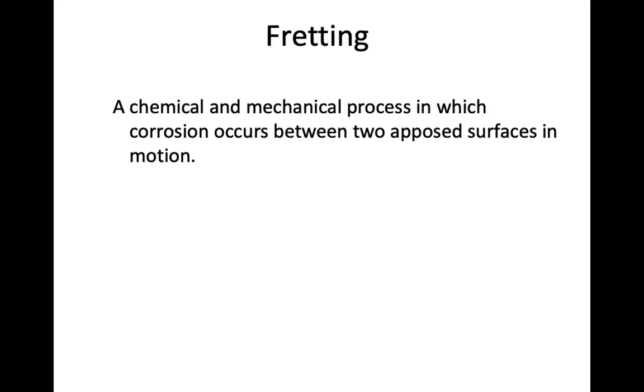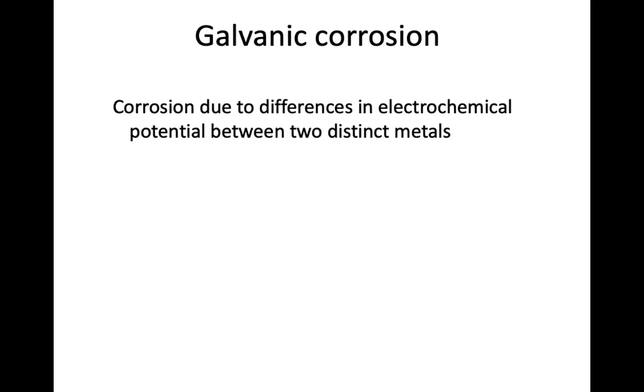We might think that there's no motion between, say, a femoral head and a stem, but there is likely micromotion at these junctions. Galvanic corrosion is corrosion due to differences in electrochemical potential between two distinct metals. And this happens in arthroplasty when we mix metals, for example, a cobalt chrome head and a titanium stem.